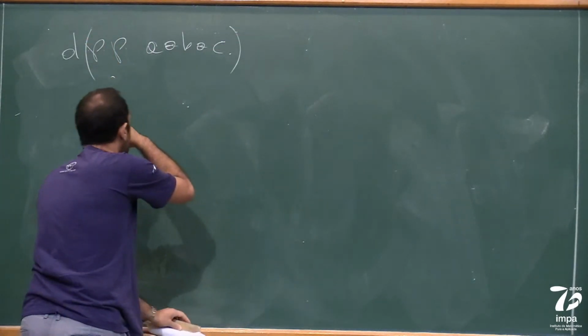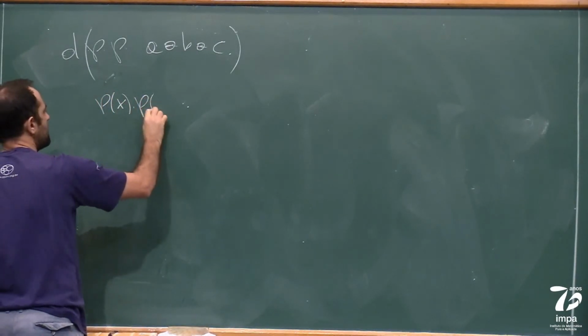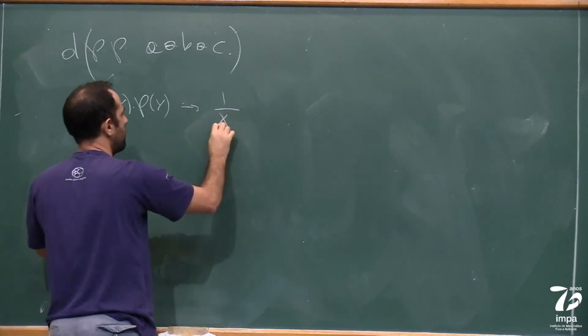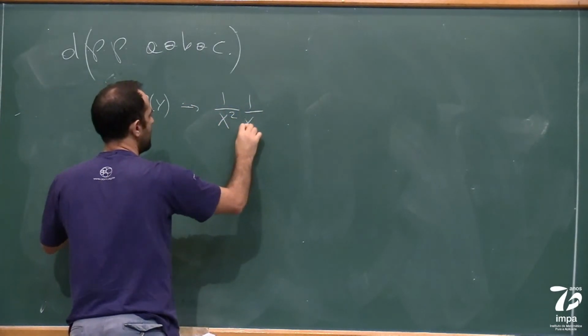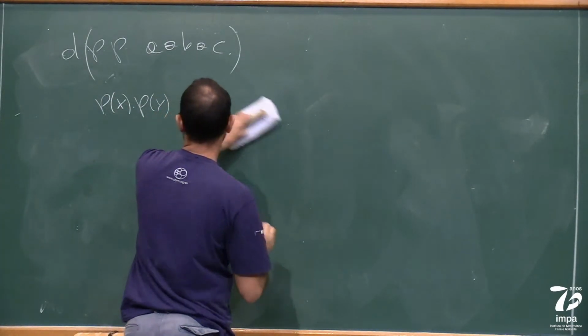And then again, I'm going to take P of x, for example, times P of y. And this is singular only at 1 over x squared times 1 over y squared.